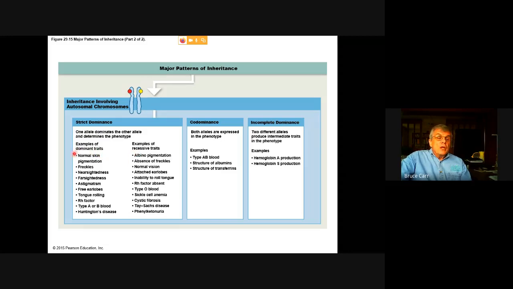So normal skin pigmentation varies dramatically over the surface of the globe from translucent white, so lacking in pigment that you often will see a pinkish tinge to the skin from the blood vessels that are present, all the way to skin that is so darkly pigmented that it looks close to black, or even I've seen skin pigments from Africa and from India that seem to give off almost a blue sheen.